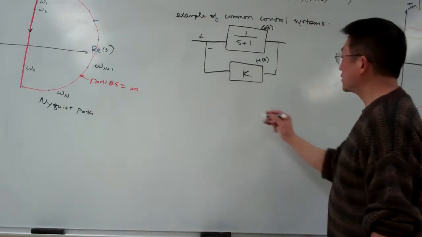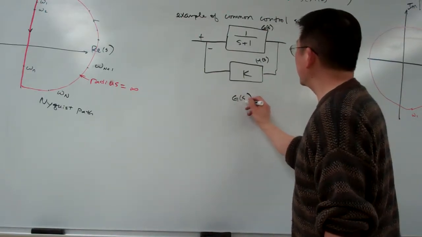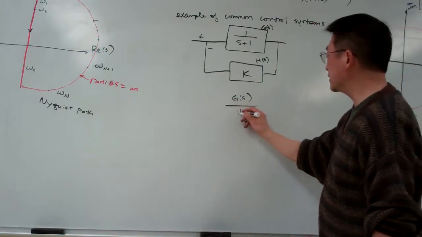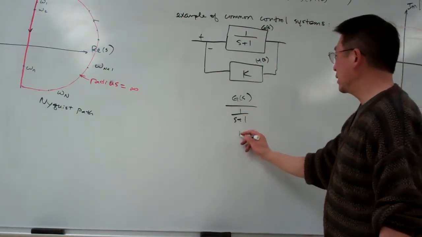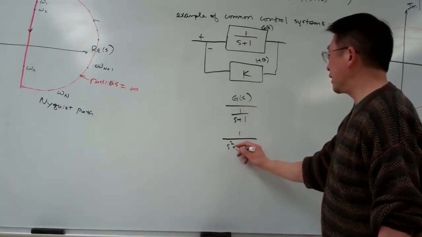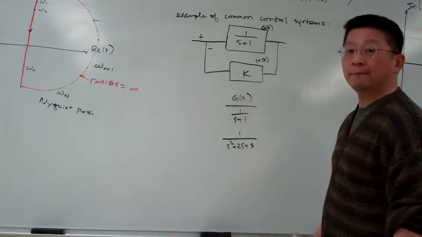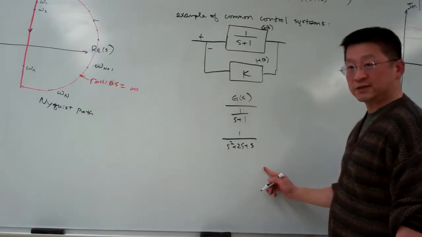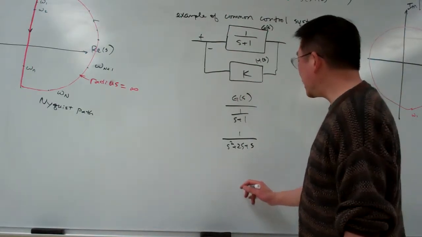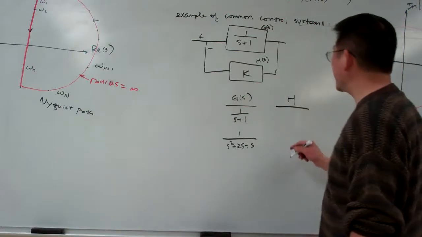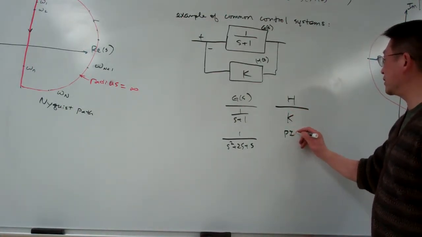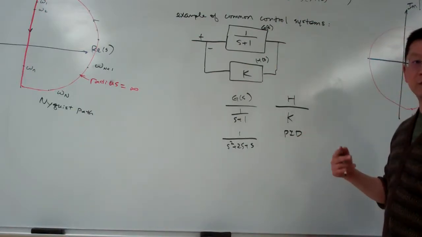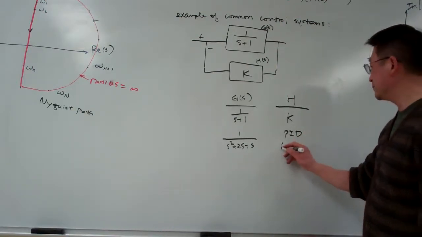So for the common control system, G can be the first degree, S plus P, the first order system, and it can be a second order system, I just make up, and it can be higher order systems. And the less common, so the H can be constant controllers, or PID controllers, or lead or lag, anything you like.